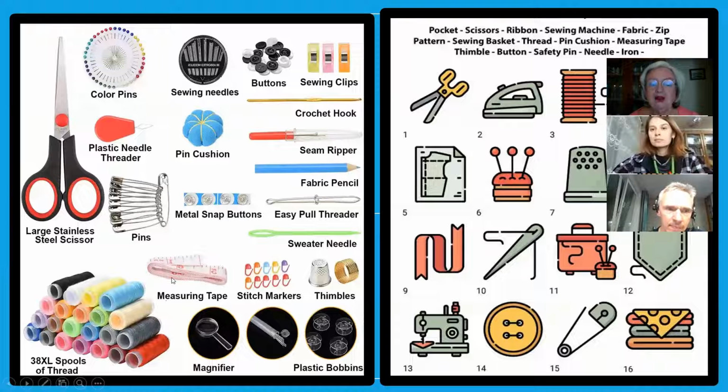And this one here, I don't call it a measuring tape, I call it a tape measure. I don't know why. I personally call it a tape measure, right? So you can say measuring tape. And this is very important as well, this metal here. What is this? Thimble. We're supposed to put it on our finger to protect it while we're sewing. I have never learned how to use a thimble, and I sew without a thimble.